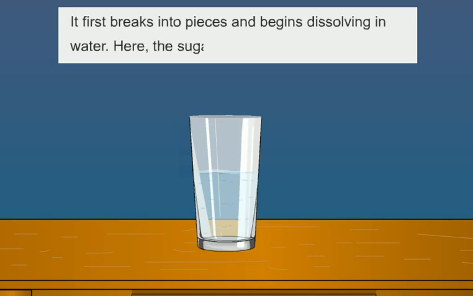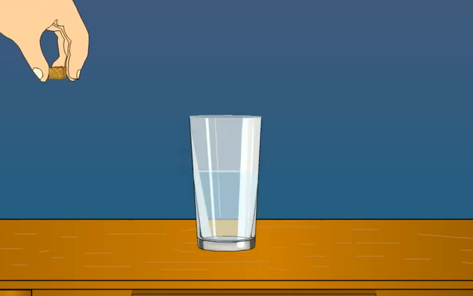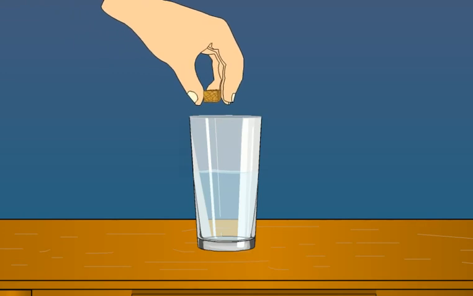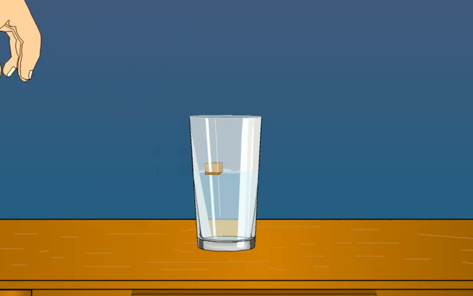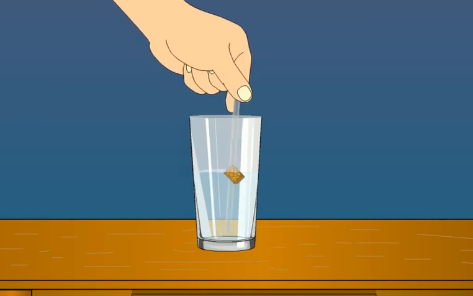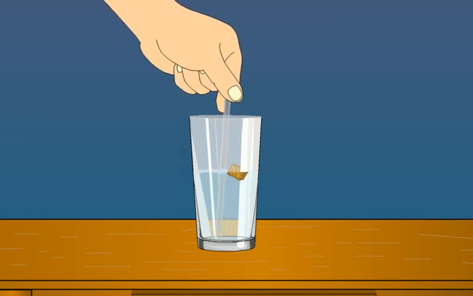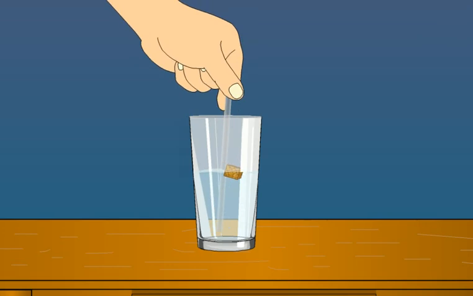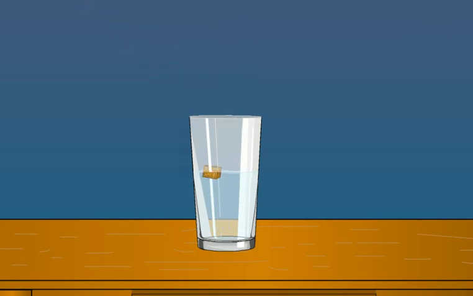Here the sugar dissolves, isn't it? Now repeat the experiment by taking a piece of wood instead of sugar. What do you find? Here, the wood does not dissolve in water, isn't it?